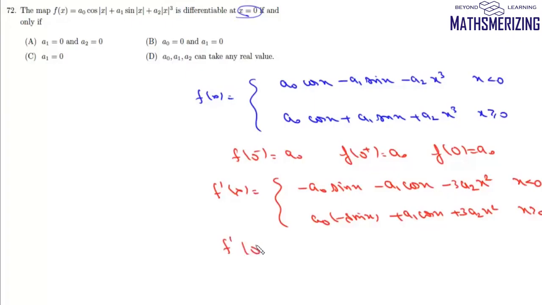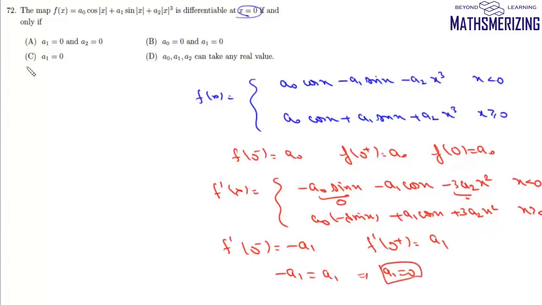Now we'll find f dash 0 negative. f dash 0 negative will be, this is 0, this is 0, so it'll be simply minus a1, and f dash 0 positive will be plus a1. Now since this function is differentiable, minus a1 must be equal to a1. So from here we'll get the value of a1 should be 0. So the answer to this question is, this map will be differentiable if the value of a1 is 0.